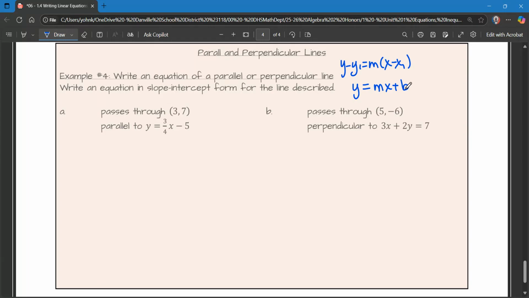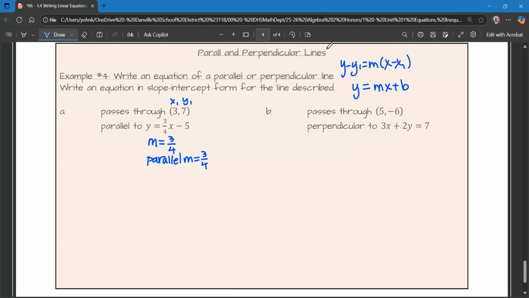Okay, so passes through the point (3, 7) and is parallel to y = 3/4 x minus 5. Okay, well, if it's parallel, that means it has the same slope. So if the slope of this line is 3/4, then the parallel slope is also going to be 3/4. So that's our m, and this is our (x1, y1).